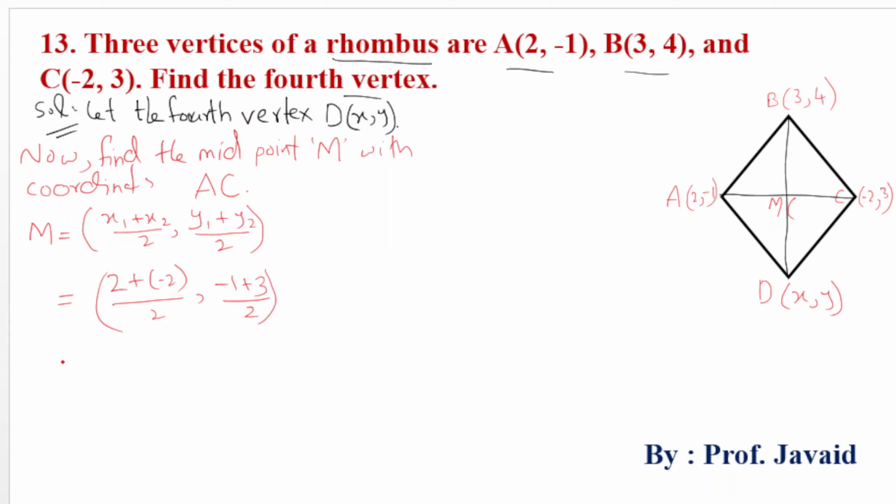Then 2 plus negative 2 is 0 over 2, and the y part is 2 by 2. At the end, more simply, we get (0, 1). These are the coordinates of M. Until here, I don't think any student is confused. You can ask a question if you feel any problem.